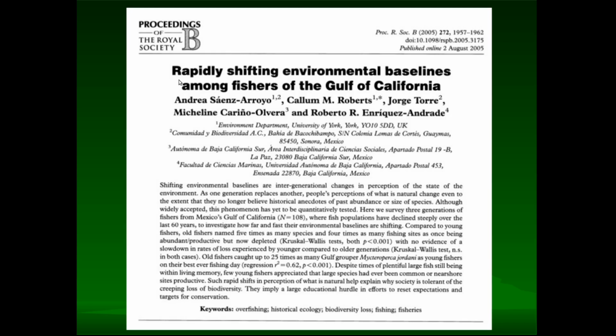And there are many papers published showing how perceptions of people fishing for a living have changed over time and how people's perception of the environment is getting worse and worse over time.